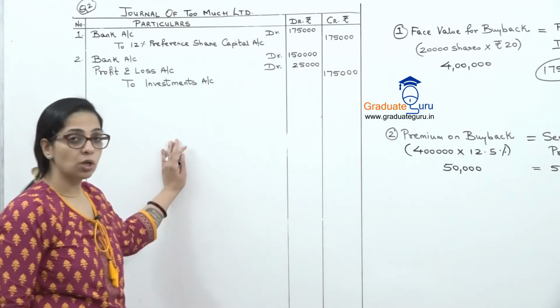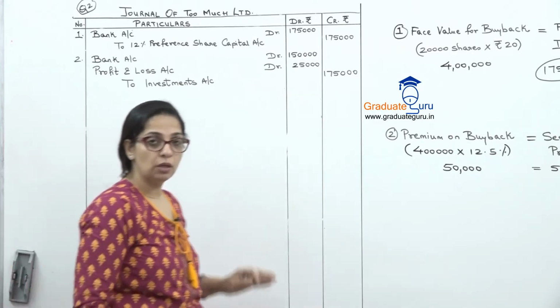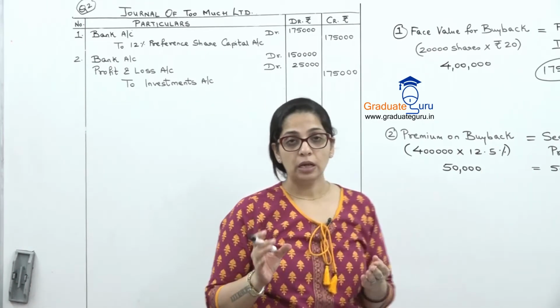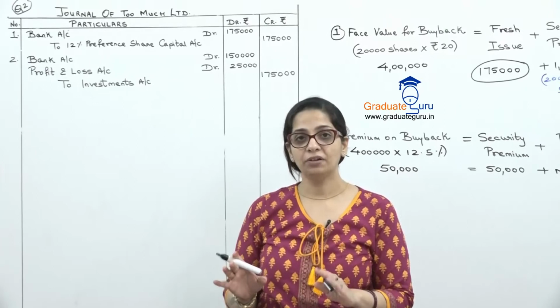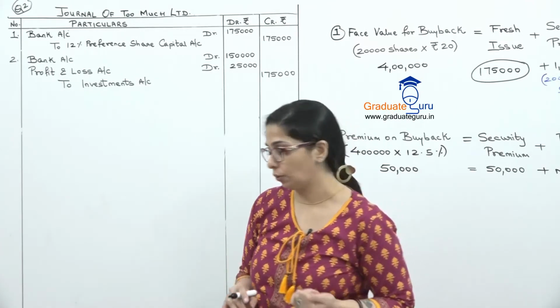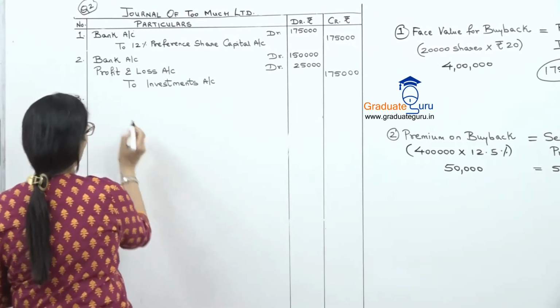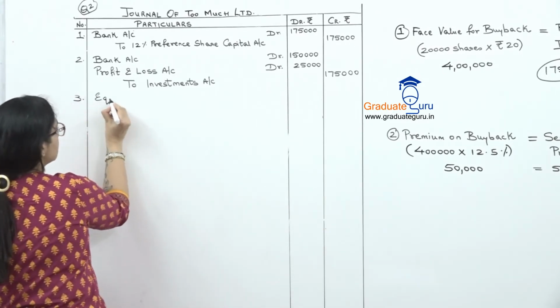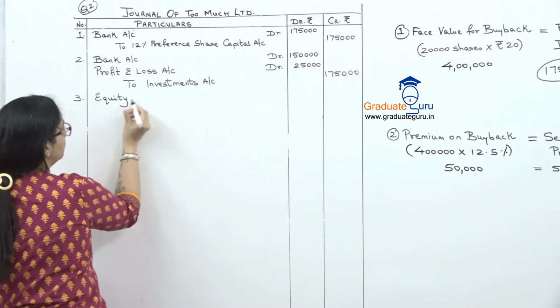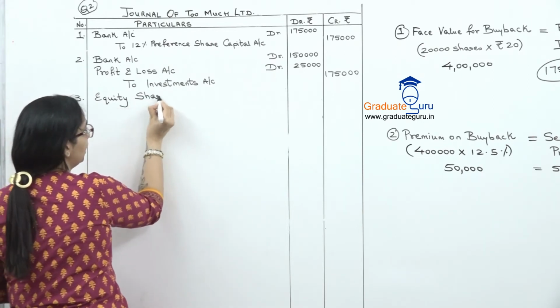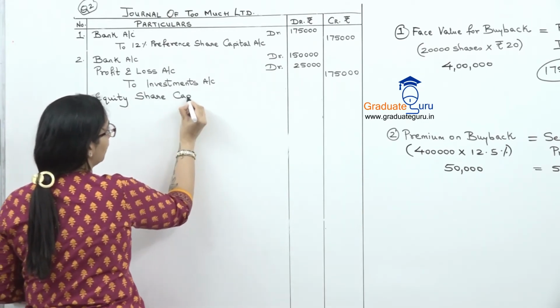Okay. So this was my sale of investments. So these two were different entries. Now we go to the buyback entry which we did in the last sum also. Now for buyback, what do we do? We first cancel our capital. So equity share capital account debit.